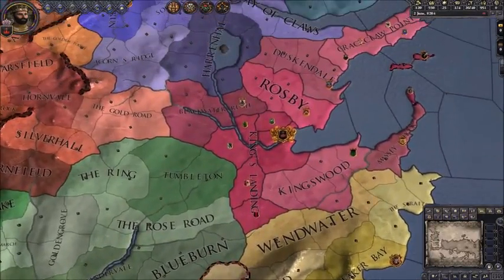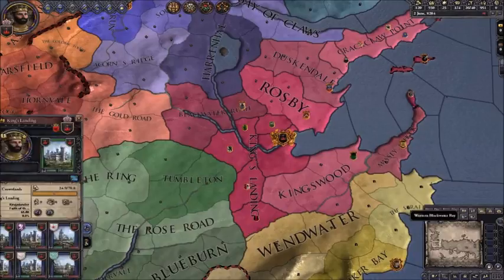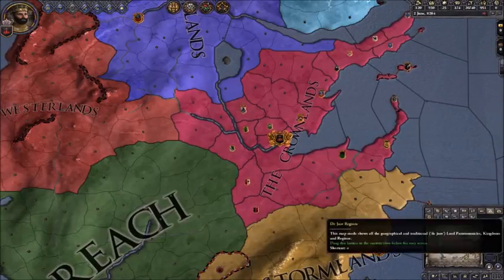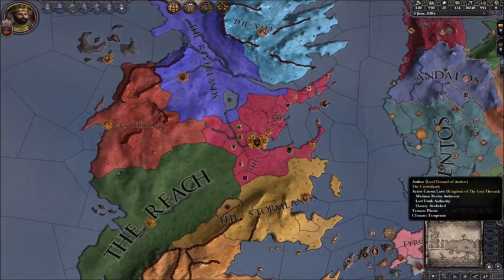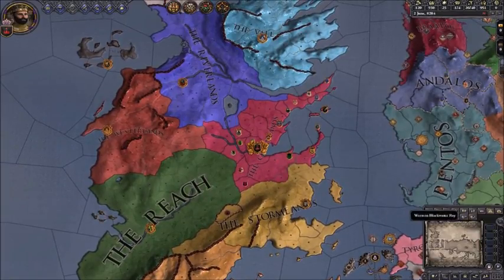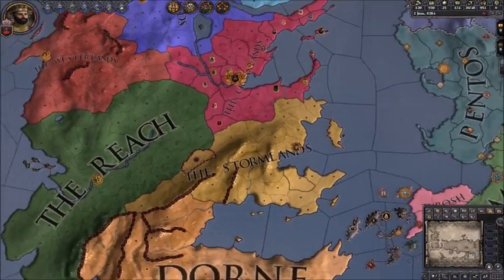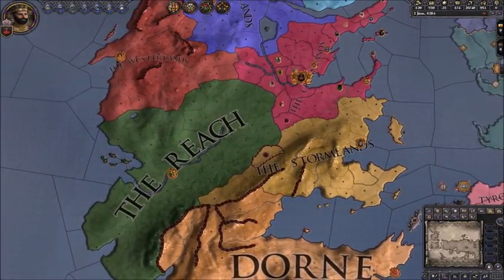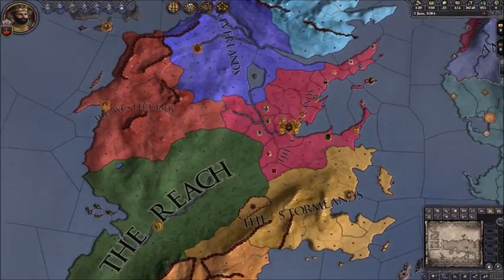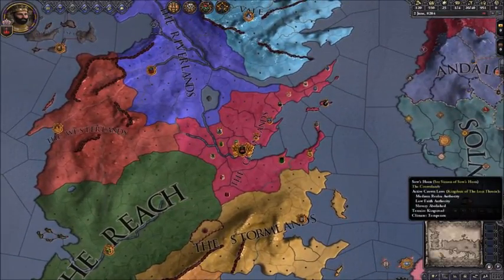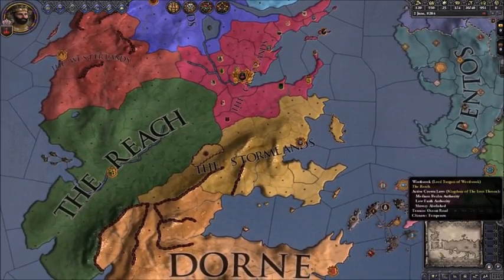The land's not particularly good. It's a bit like the Stormlands. If Robert had been smart, he would have merged the Stormlands and the Crown Lands into the Iron Throne's demesne, and that would have given him an army as big as most of his vassals. So at least he wouldn't be weaker than any of the people who are sworn to serve him. He actually lost a lot of power by becoming king, just because of the way the world is set up.